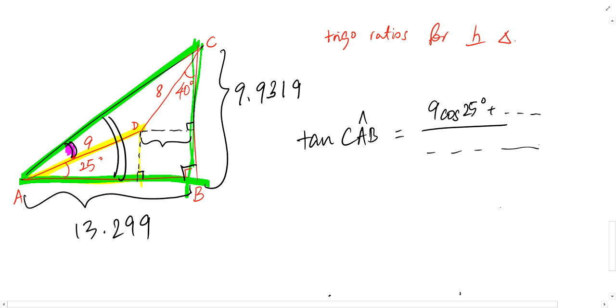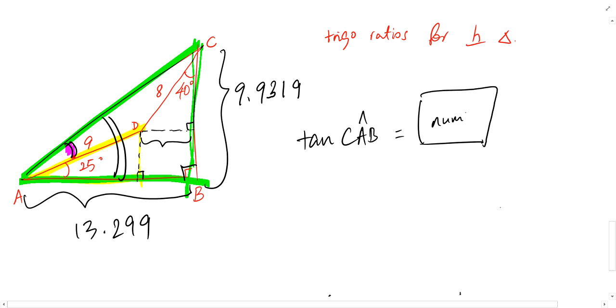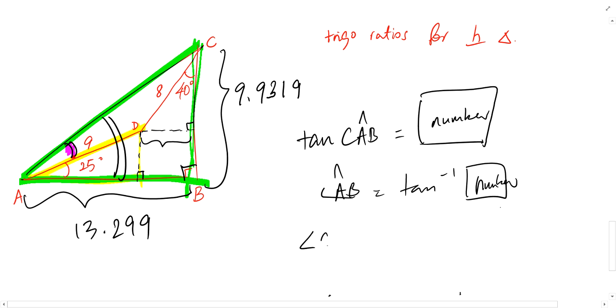Okay, so regardless, you have a number over here. So your CAB will just be tangent inverse of the number. Then the unknown angle CAD is just CAB minus 25. That's it. Okay?